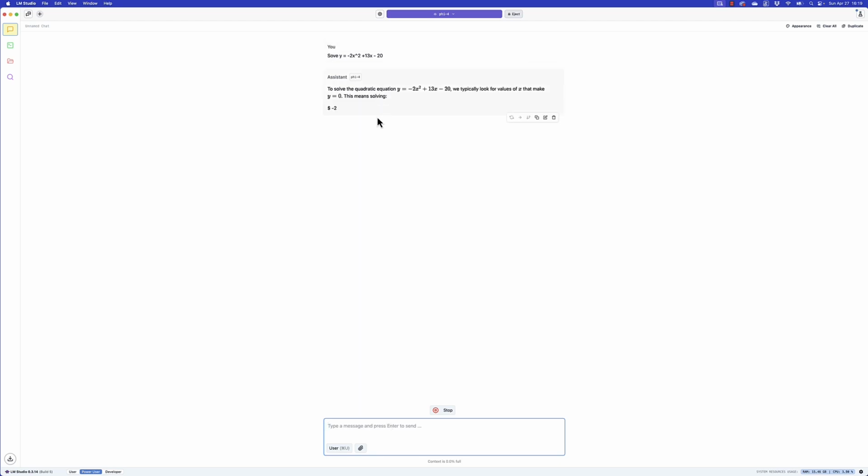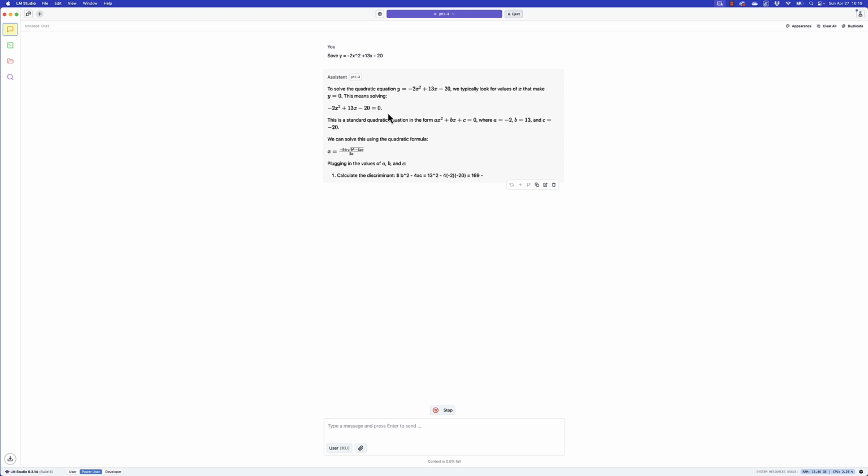It says to solve a quadratic equation, we typically make y equal to 0. So the equation is negative 2x squared plus 13x minus 20. Then it looks at the coefficients a, b, and c, and writes them out.